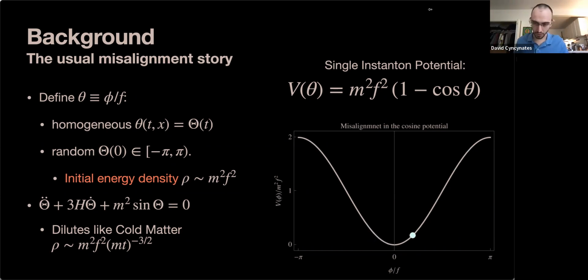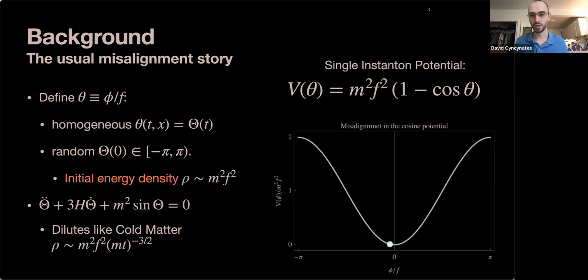And after only a few oscillations, the axion's damped down to the bottom of its potential, where we can approximate sine theta as theta. And at this point, it's just the dynamics of a classical harmonic oscillator. And we know how the energy density of the harmonic oscillator dilutes in an expanding universe. It scales like 1 over volume, or like cold matter, which during radiation domination scales like t to the minus 3/2. Okay, so this is the usual misalignment story.